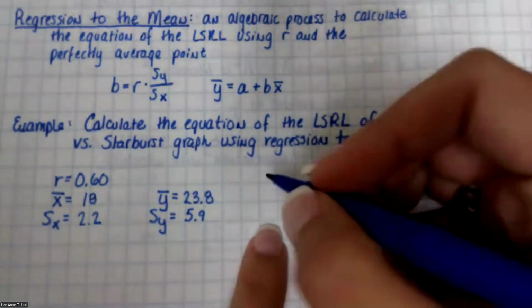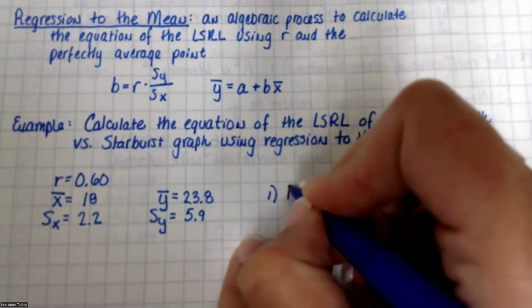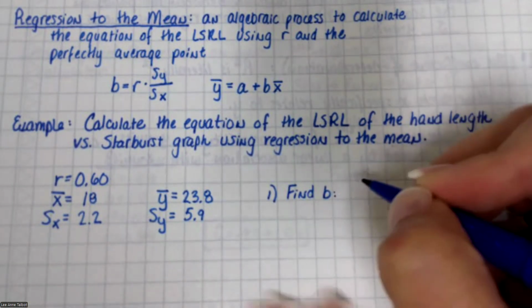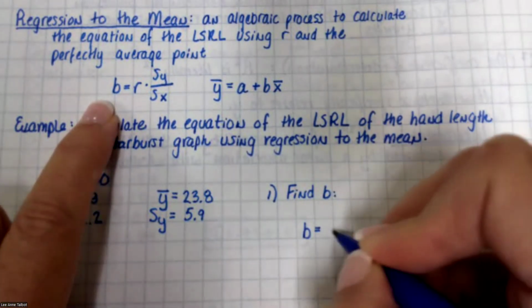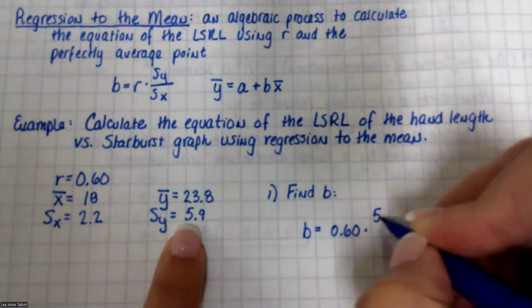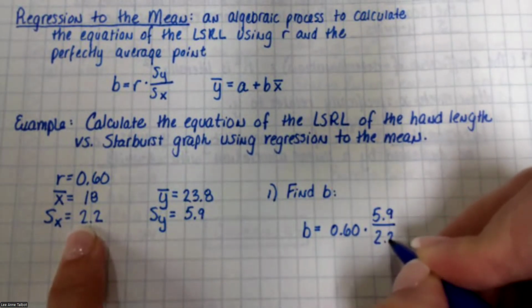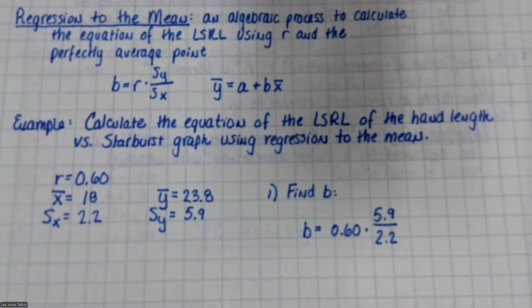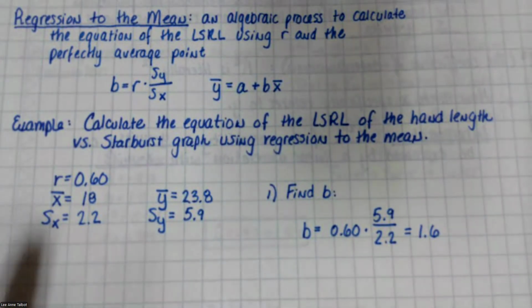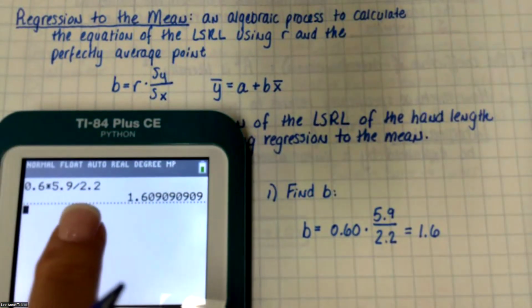But anyway, okay, so step 1, find the slope. Okay, so B equals 0.60 times the standard deviation of Y over the standard deviation of X. Also, when you're doing this process, you don't need to do parentheses or anything fancy.